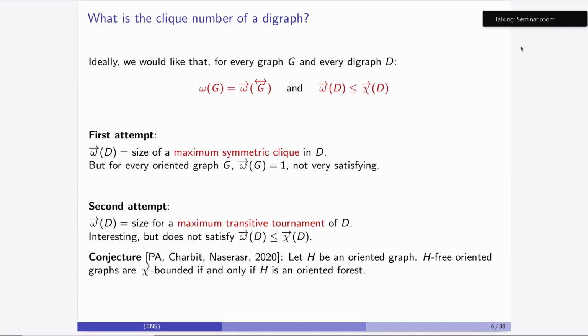So this really looks like the Gyárfás-Sumner conjecture, but it is even more open. I think it's open even for directed paths. When H is a directed path, we are not able to do it. For example, for the directed path on 3 vertices we know the dichromatic number is bounded, but that is as far as we could go. Anyway, I don't want to talk more about this notion.